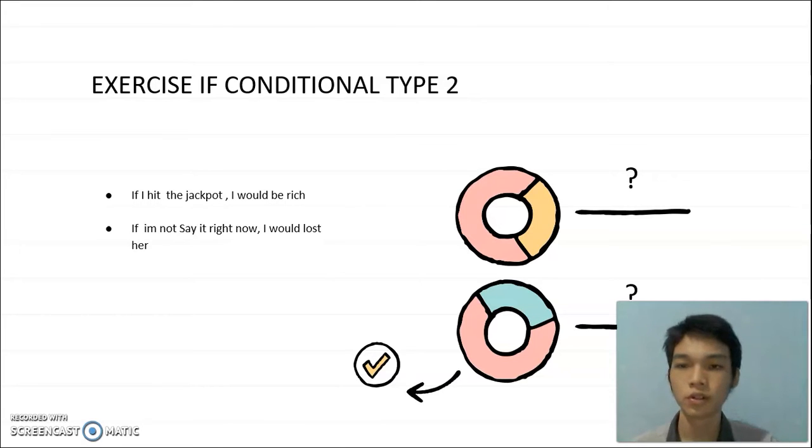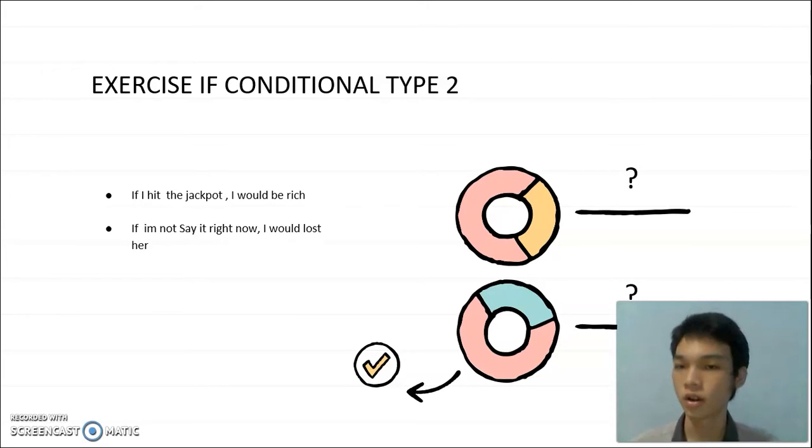For number 1, if I hit the jackpot, I would be rich. And yes, he would be rich, or the jackpot could be something else, not necessarily making him rich.